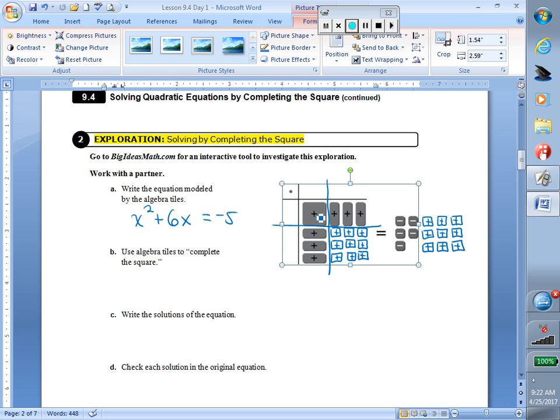In order to come up with this big tile, x squared, we had to do x times x, up in the upper left corner. And then this section right here is 3x, so we have to do x times a positive 3. And then in order to get positive 9 down here, we need another plus 3.